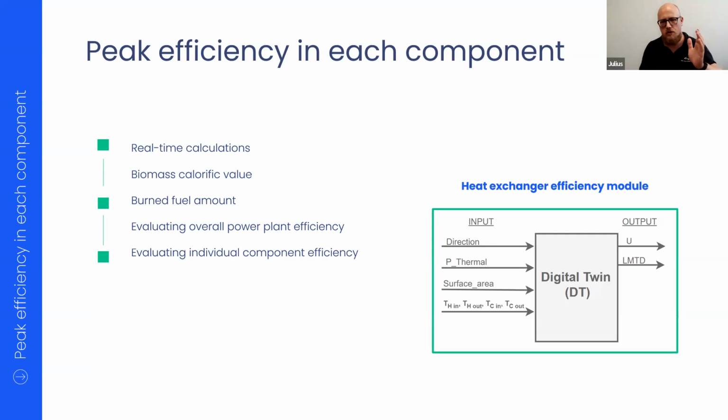You input this into the heat exchanger black box, and you get the output about the heat transfer coefficient. Our clients use this to understand, should the heat exchanger be cleaned right now? Should we stop it? Which heat exchanger should be cleaned, which can be left for now, and so on. So these are different kinds of modules in the digital twin.